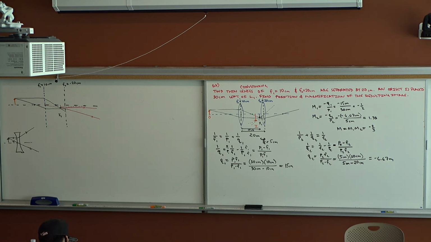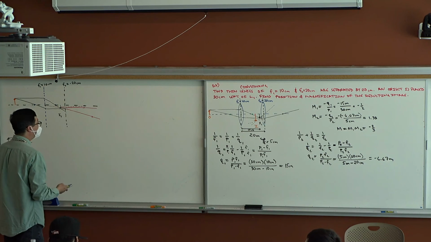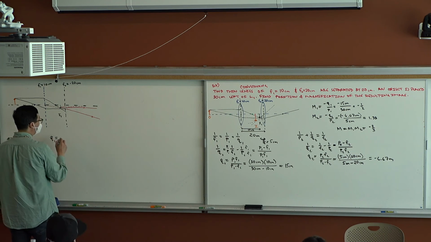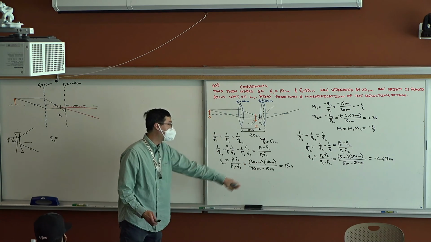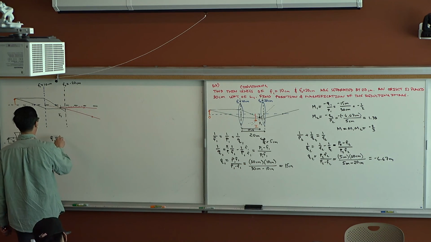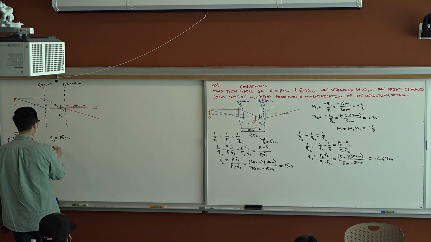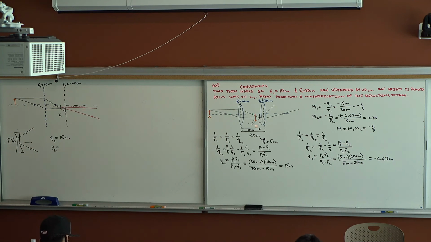Let's do this mathematically, because my drawing is clearly not going to suffice. So we know that, same as what we have over here, Q1 wound up being 15 centimeters. So P2 winds up being what? 5.